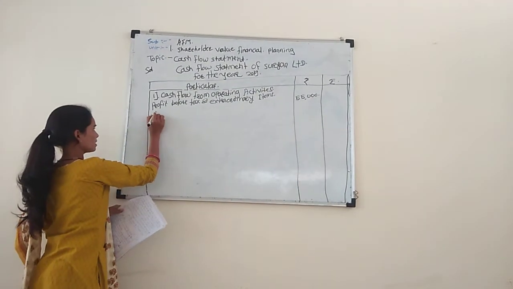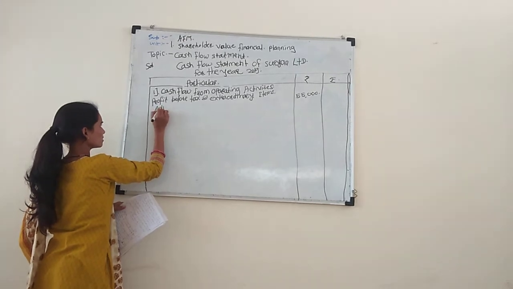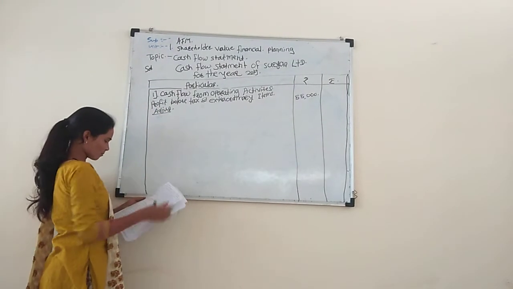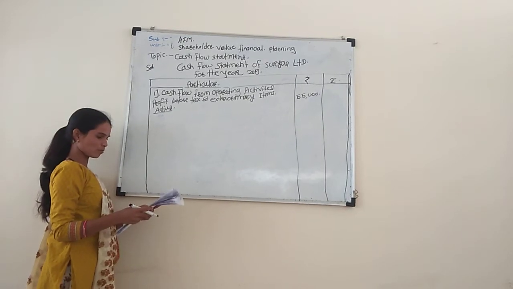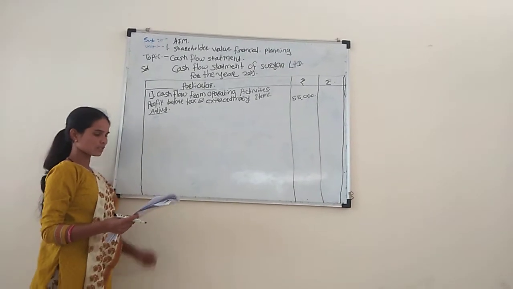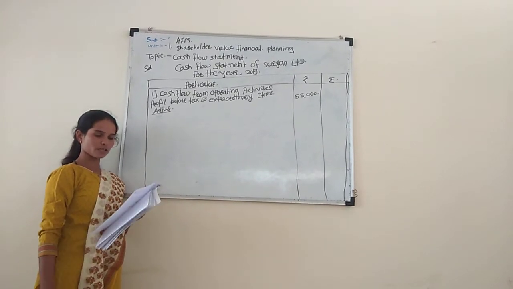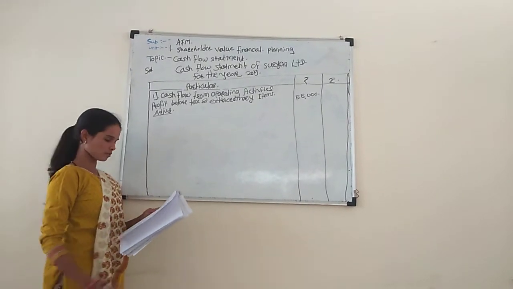Show the additional information. The adjustment is depreciation on machinery. Show the last additional information: depreciation charge on machinery was rupees 30,000.